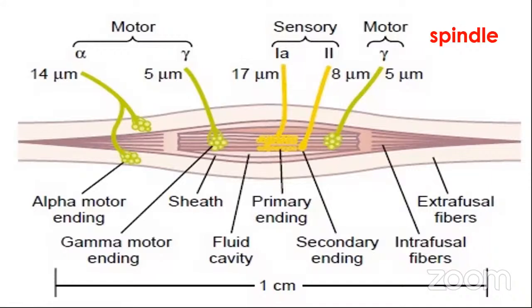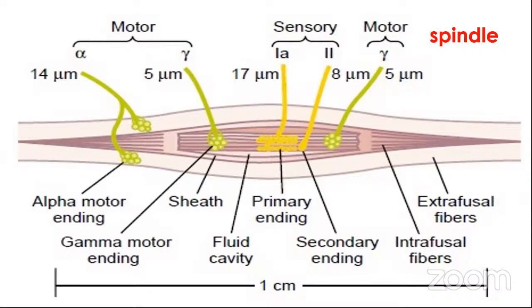The 1A fibers are 17 micrometers in diameter. The sensory 2 afferents are 8 micrometers in diameter. These two fibers terminate by secondary ending in the contractile middle of the muscle spindle.